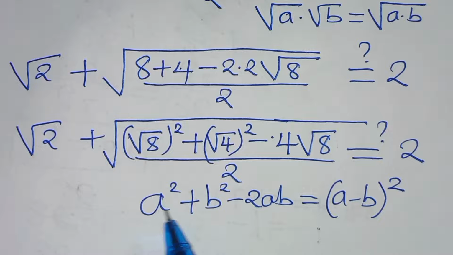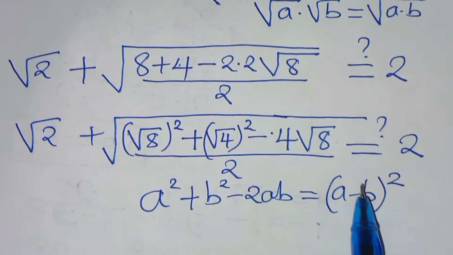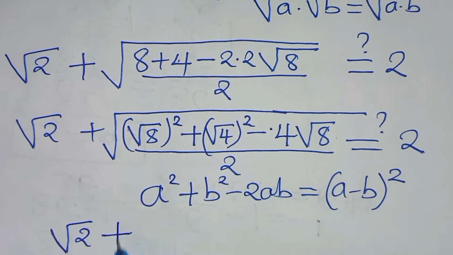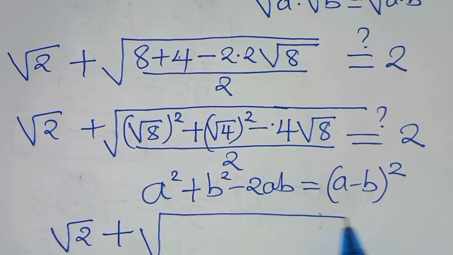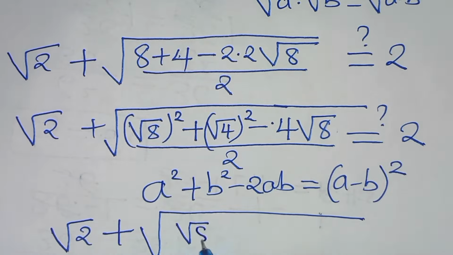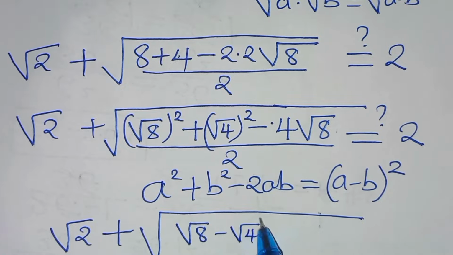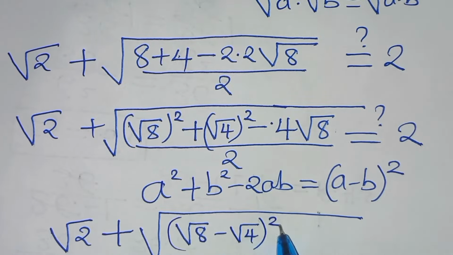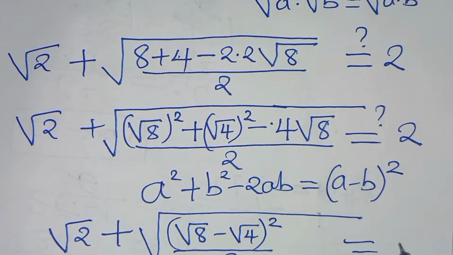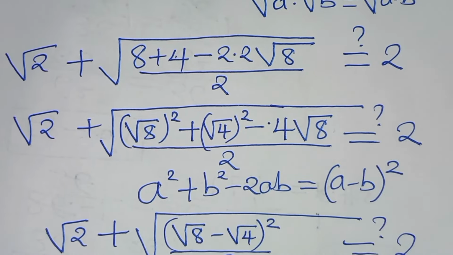So let's apply this algebraic identity so that now here we have square root of 2 plus square root of, now square root of 8 subtract square root of 4 from here. Everything here raised to the power of 2 divided by 2. This is supposed to give us a value of 2.